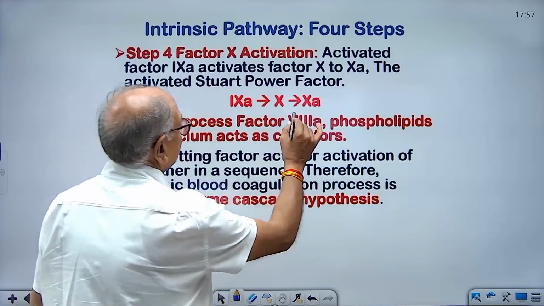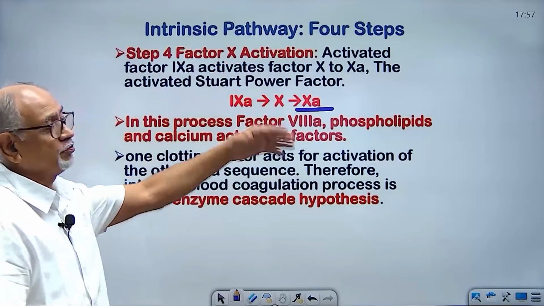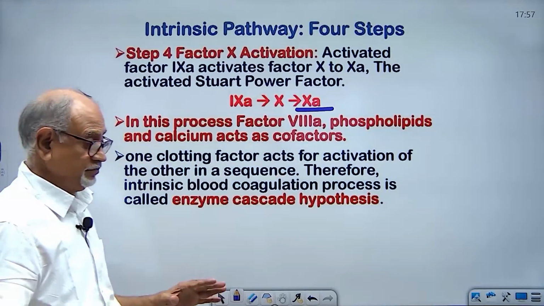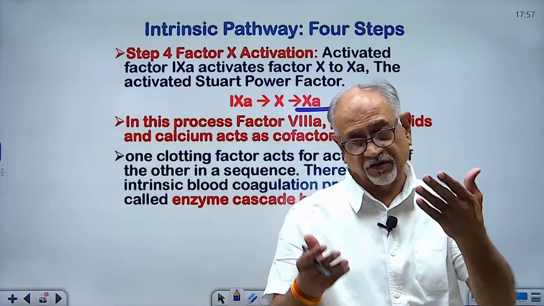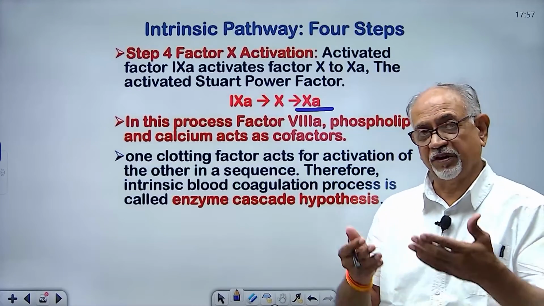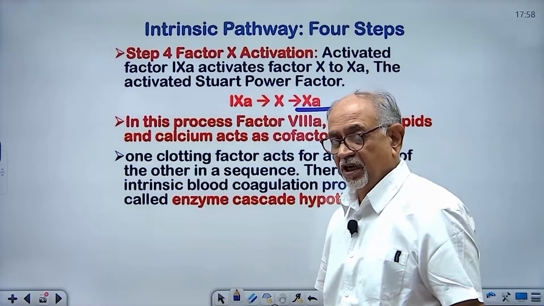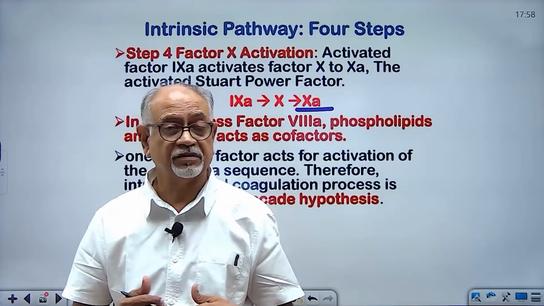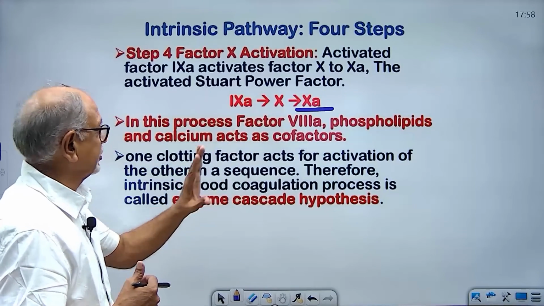This is the important final step in the intrinsic pathway, that through the cascading reactions starting from factor 12 to factor 11 to factor 9, finally the activated form of factor 9 activates factor 10.